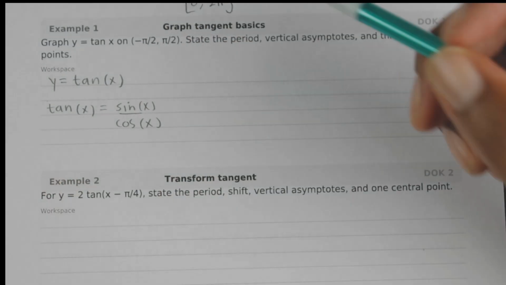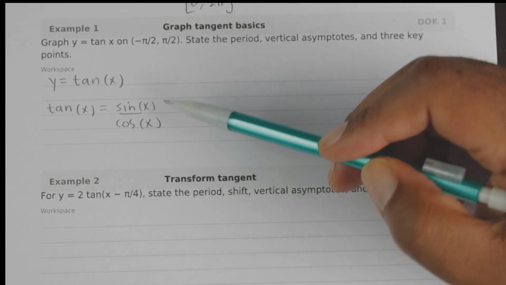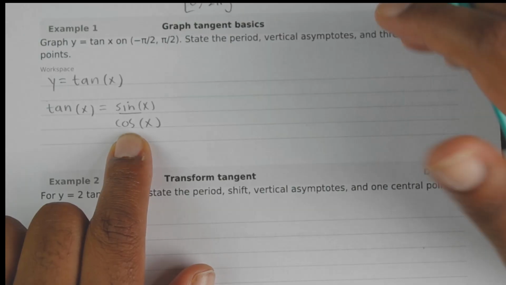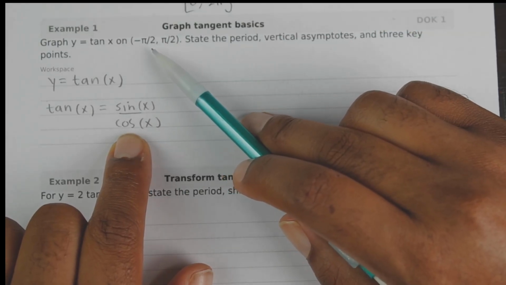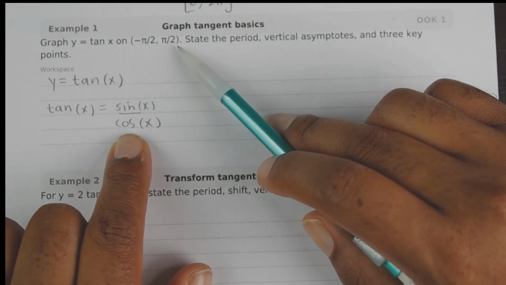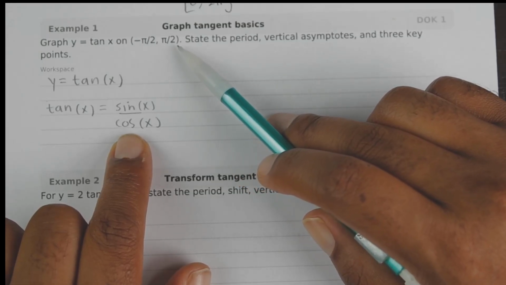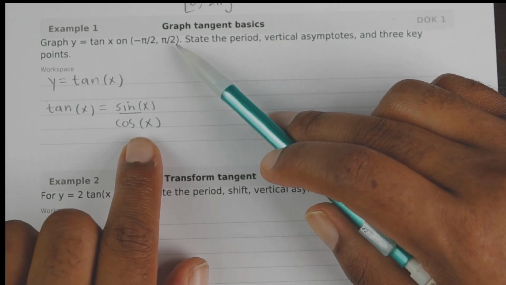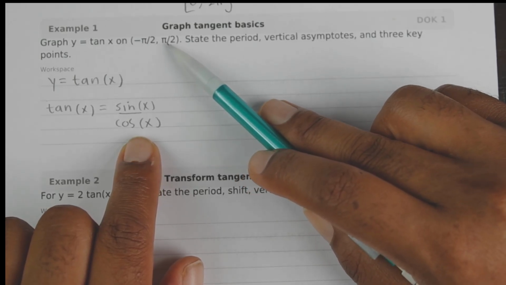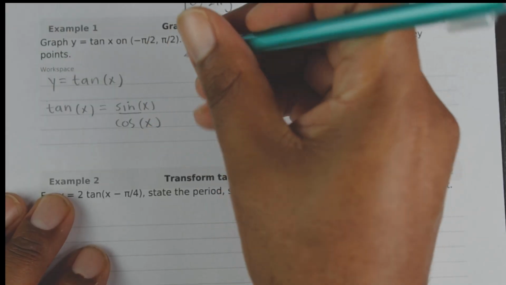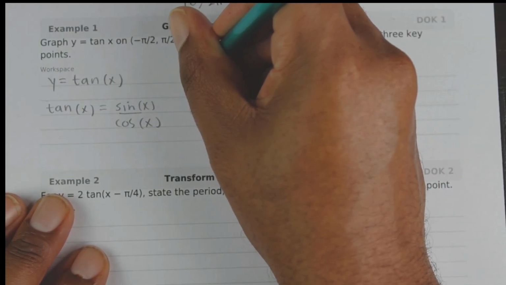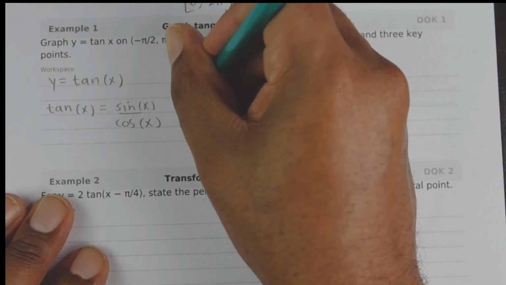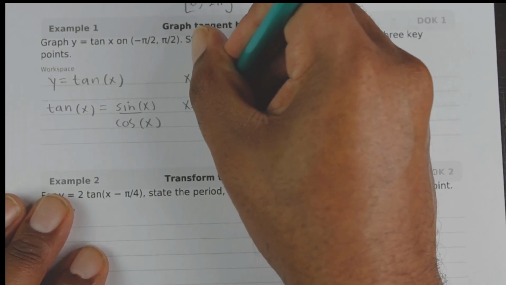Okay. So the tangent is undefined when the cosine is equal to 0 on the interval from negative pi over 2 to pi over 2. So the cosine equals 0 at the endpoints. Okay. So the vertical asymptotes would be these two guys, right? So x equals negative pi over 2 and x equals pi over 2.